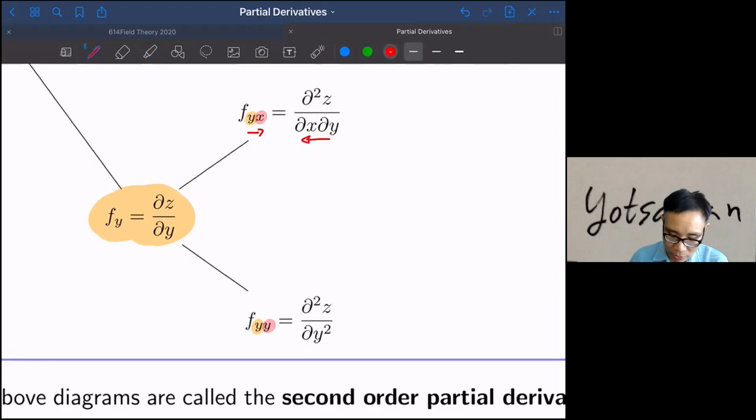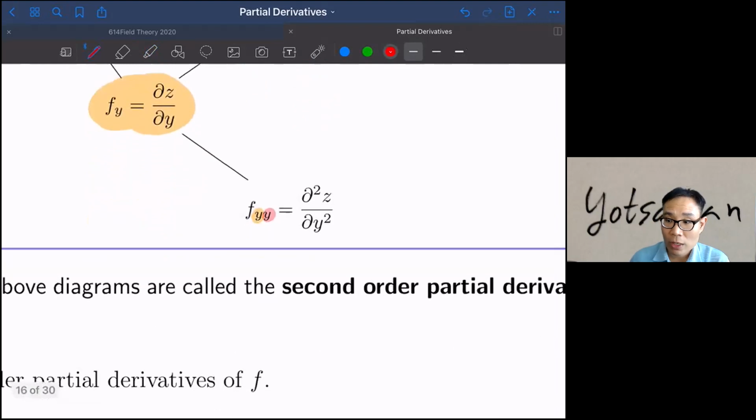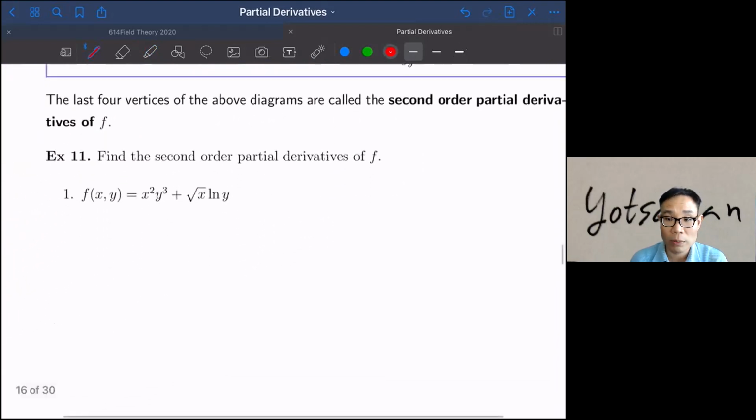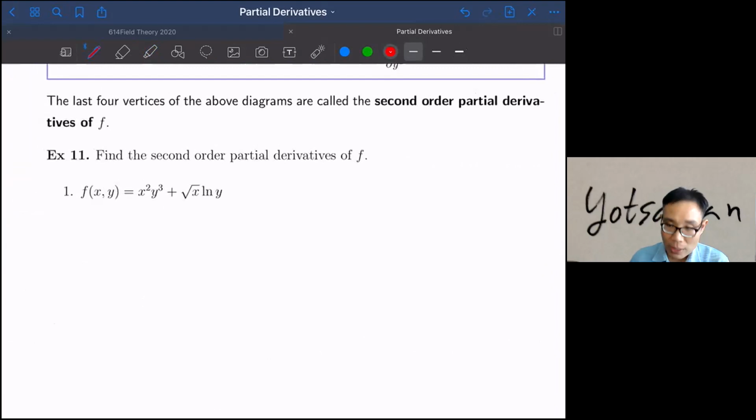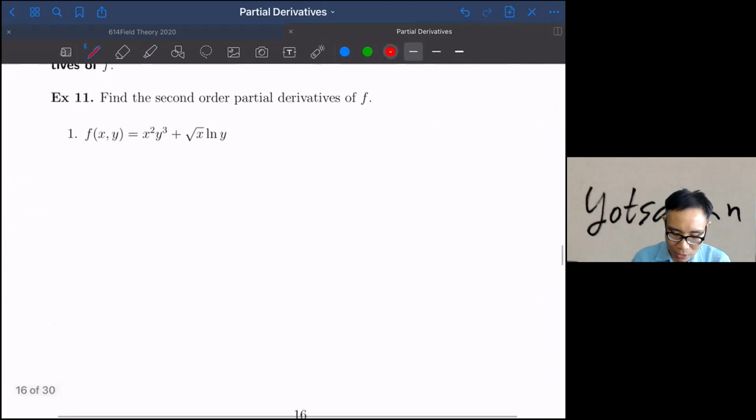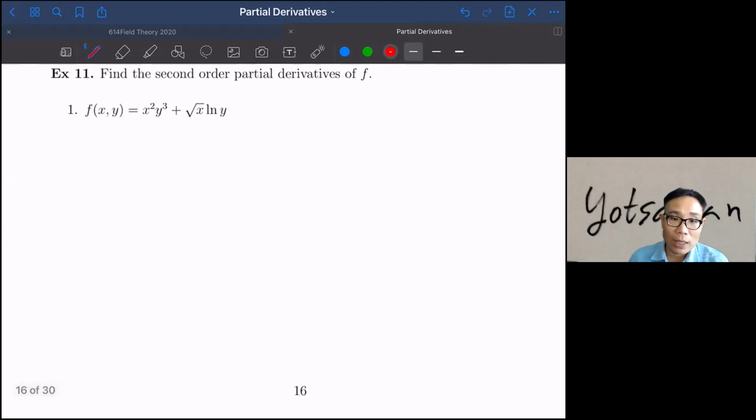And you have fyy, which is you differentiate the function z with respect to y twice. This one is called the second order partial derivative. We can have third order, which I'm going to mention later. For this one, we'd like to find the second order partial derivatives.